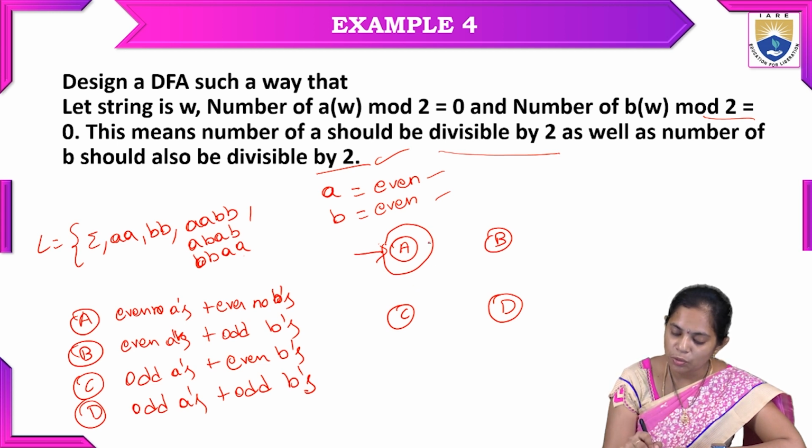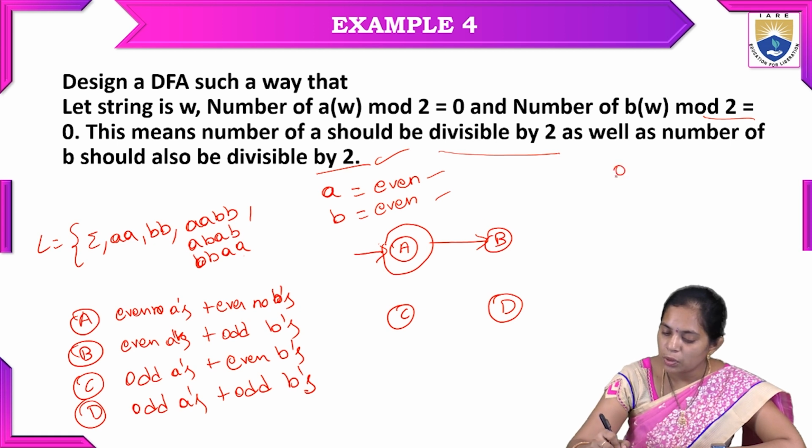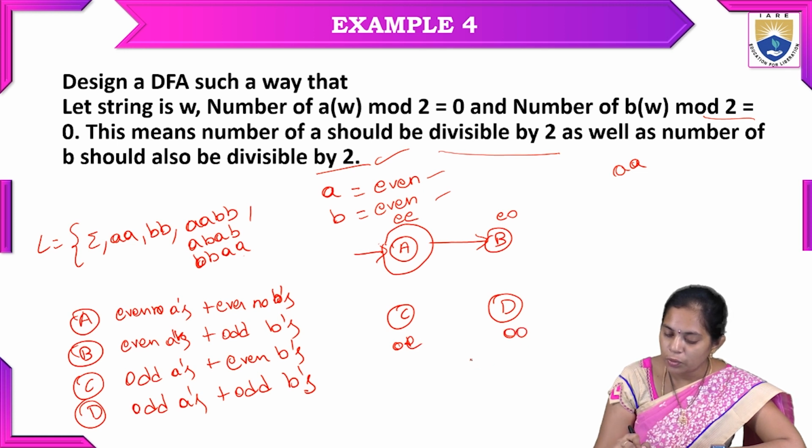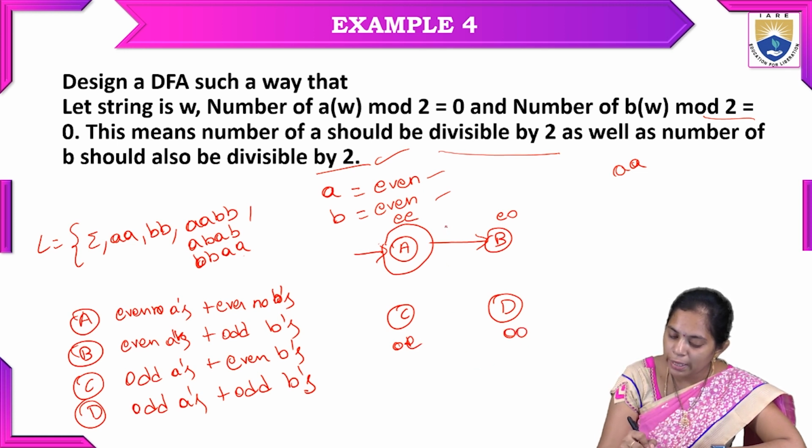So with even number of A's and AA, it is reaching the same state only. And if you add one more, this represents even and odd. So if you give 0 A as an input symbol, it is reaching the same state.